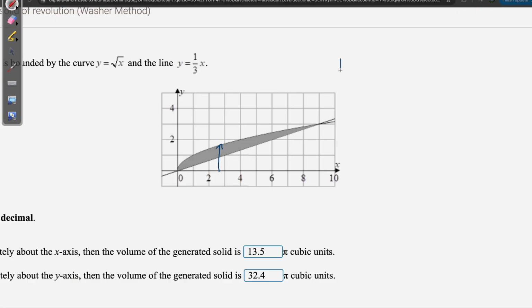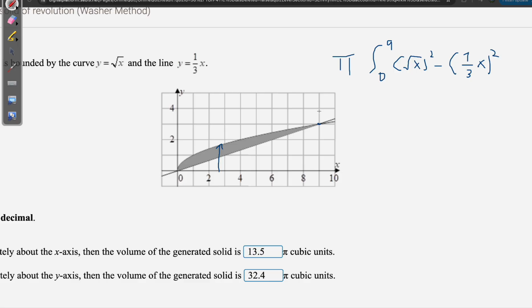So pi times the integral from 0 to 9 of radical x squared minus 1 over 3x squared.